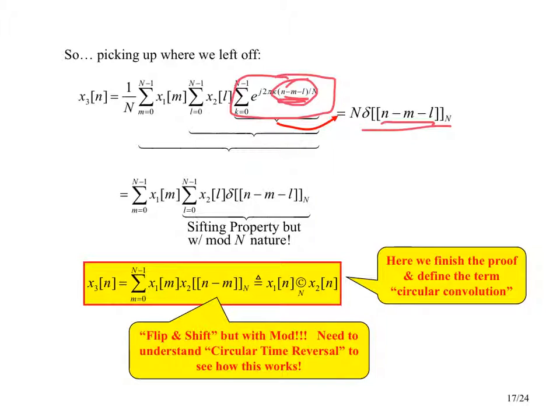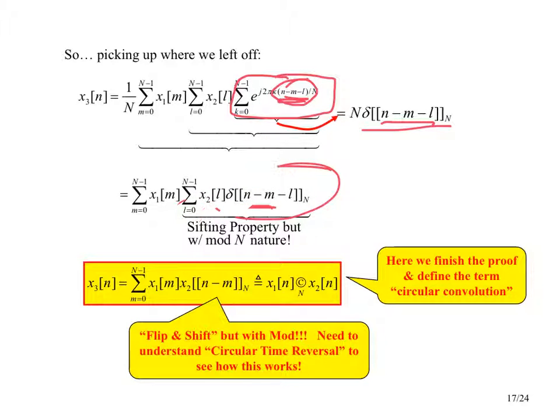So we have to realize that as we're summing over l, so as n minus m goes to even bigger numbers, some integer multiple of N, the mod will end up bringing it back inside the point where delta will spike up to be equal to 1.